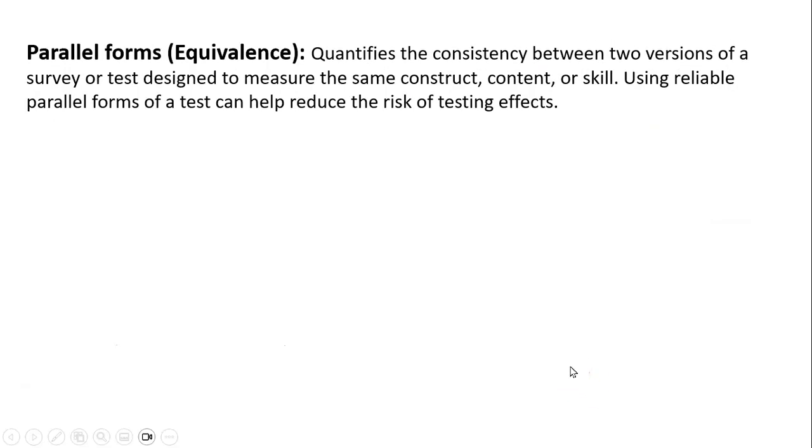And then the last one is parallel forms, sometimes called equivalence. It quantifies the consistency between two versions of a survey or test designed to measure the same construct, content, or skill. Using reliable parallel forms of a test, for example, can help reduce the risk of testing effects. If you think back to the very first type of reliability that I talked about, test-retest, one of the issues there is that you're giving that same test twice.